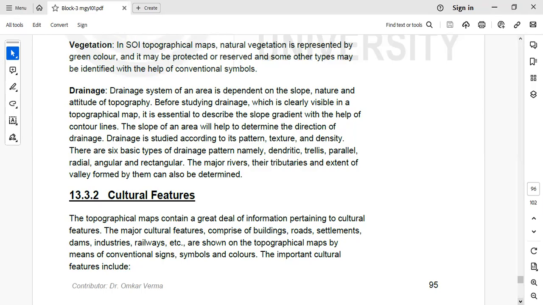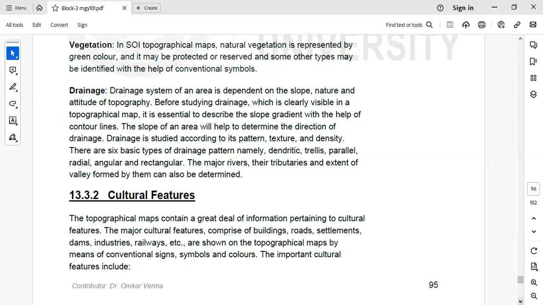Drainage is studied according to its pattern, texture, and density. There are basically 6 types of drainage systems: dendritic, trellis, parallel, radial, angular, and rectangular. Different types of rivers, tributaries, and the extent of the valleys formed by them can also be determined from the topographical map.